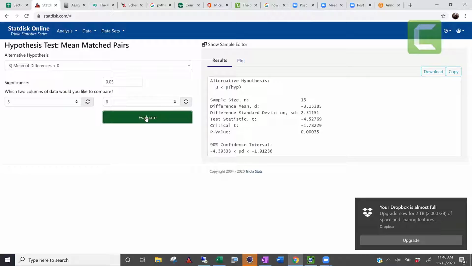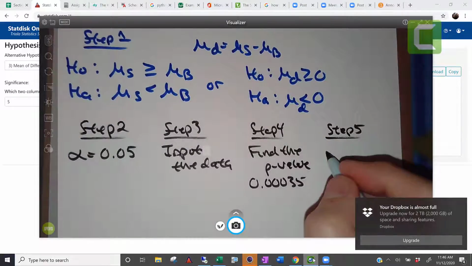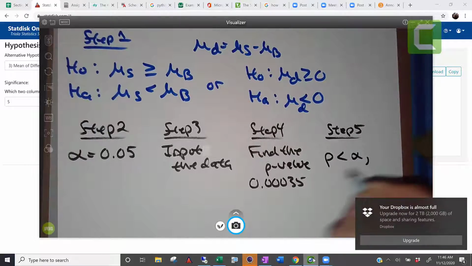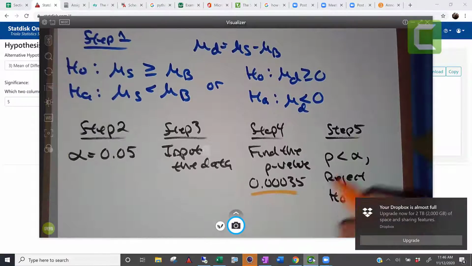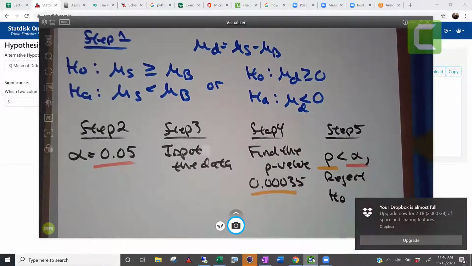And that it is the null hypothesis. We're going to reject H naught. Thank you, Soren. So since the p-value is less than alpha, reject H naught. Here's our p-value, and here's our alpha. So the p-value is less than alpha, so you reject H naught.